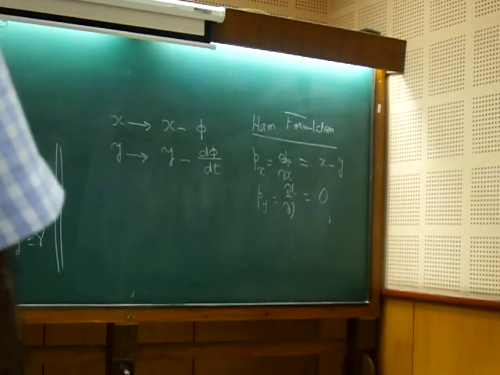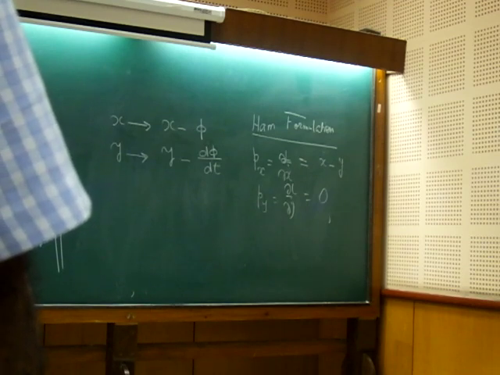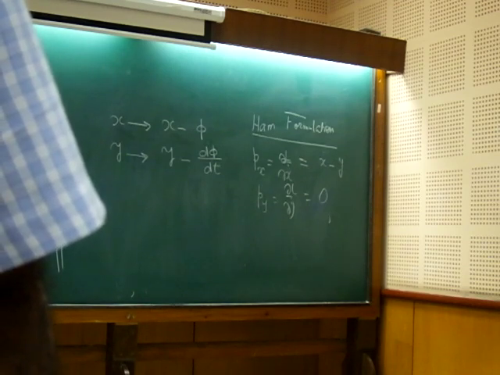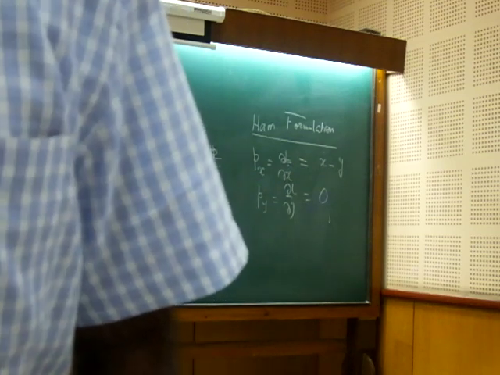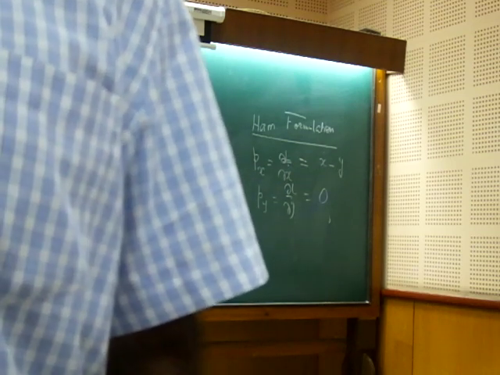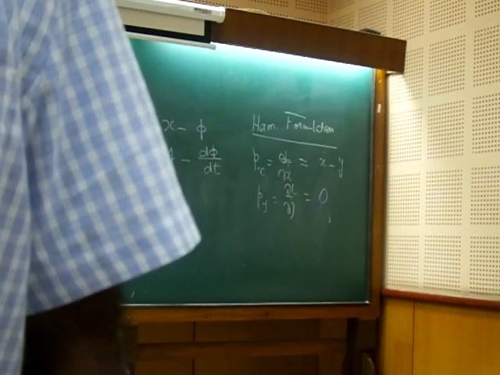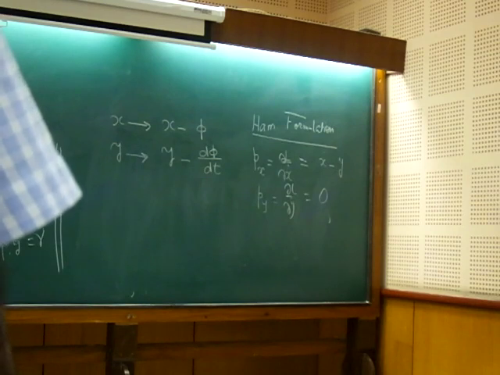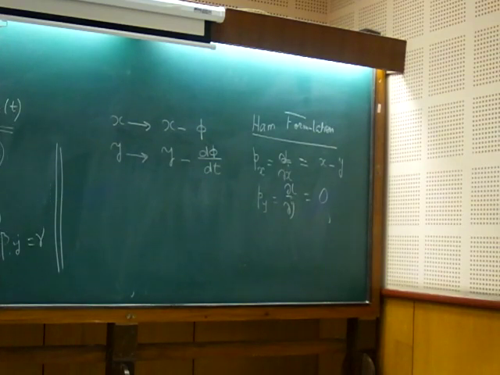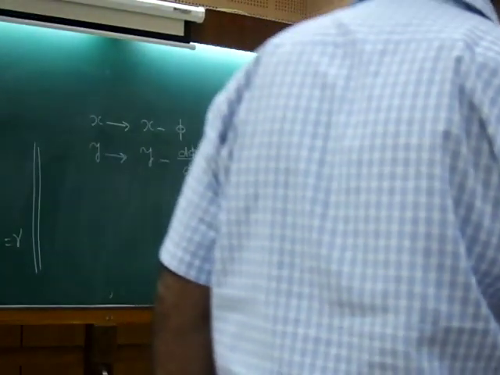In general, y and py are canonically conjugate pairs. Then what is the bracket y, py? 1. The bracket x, px is 1, y, py is 1. But here py is 0, so 0 equal to 1. Another problem. Problem after problem.